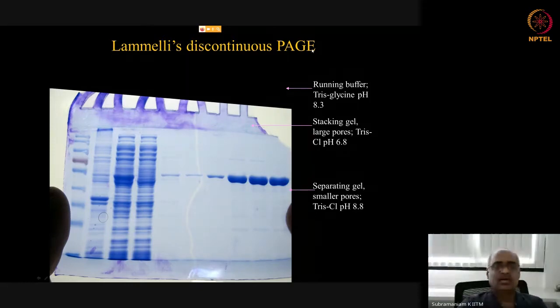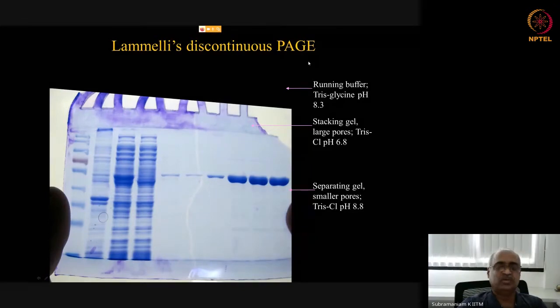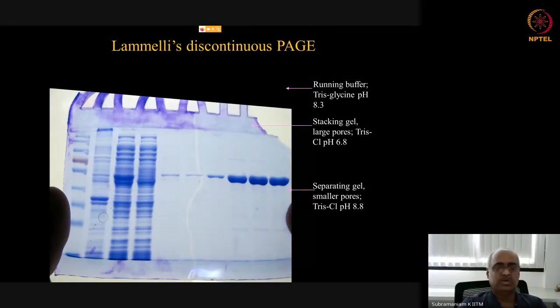Okay. So in the most common method that we do, where the separation is purely based on charge by mass ratio, and when charge is constant, therefore it is only the mass that matters. There what we actually do is we boil the protein in a buffer that contains this ionic detergent, sodium dodecyl sulfate, SDS.